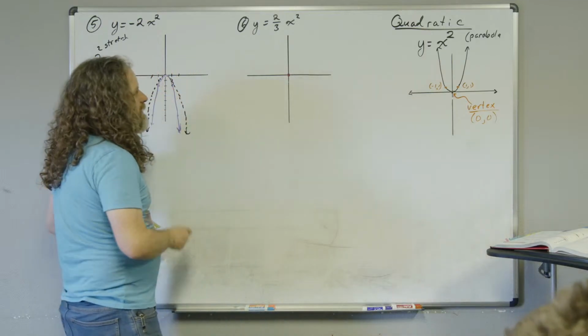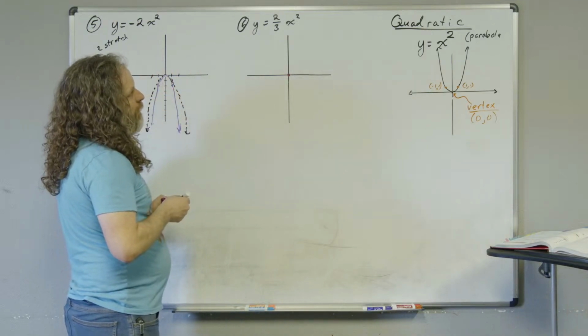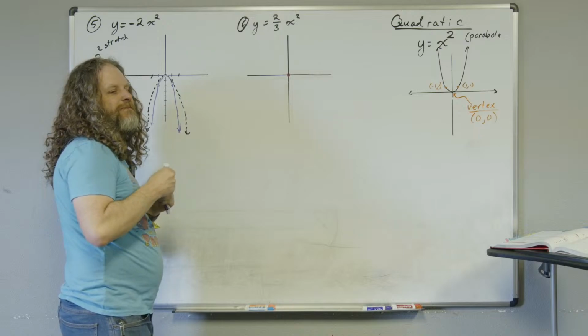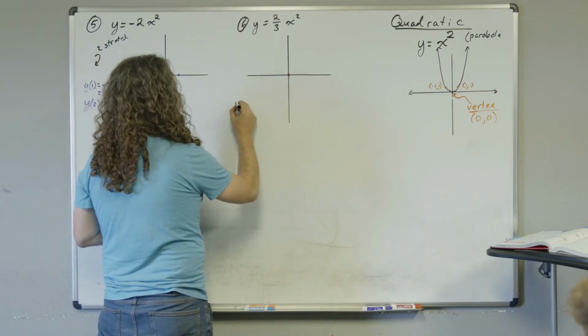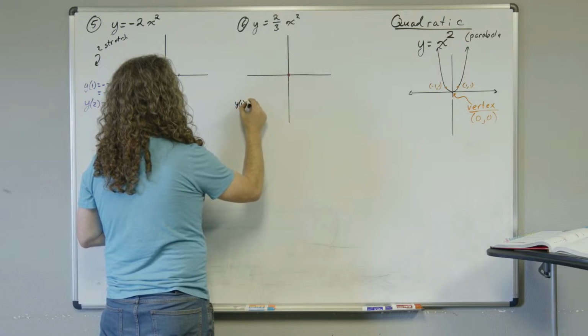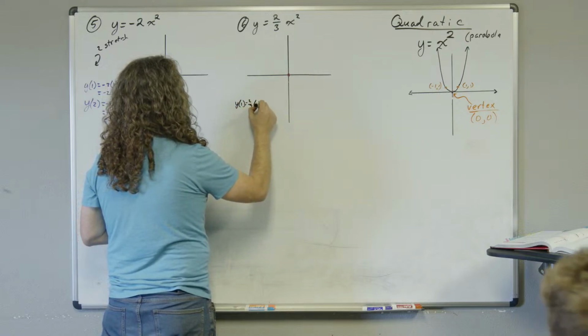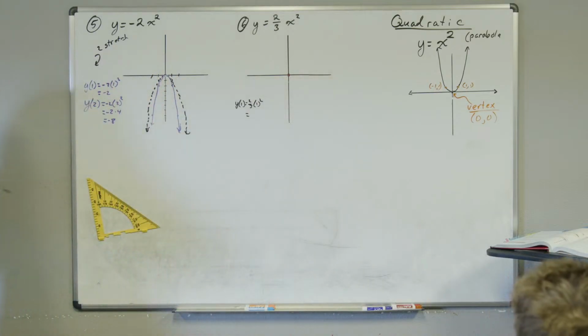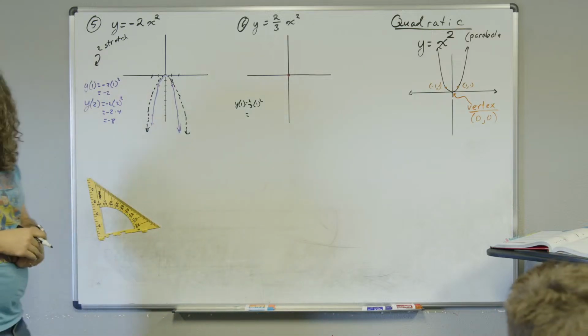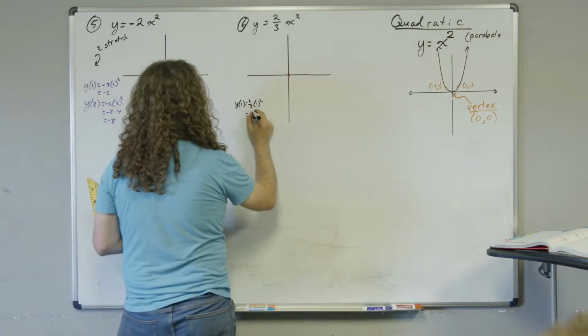Okay, so let's get some points. What do we want to plug in there? 1's fine. That's great. Y of 1. What is 1 squared? 1. What's 1 times 2/3? 2/3.